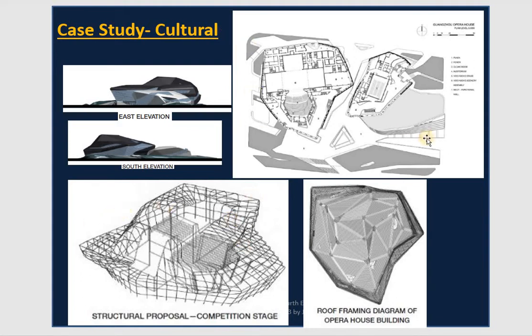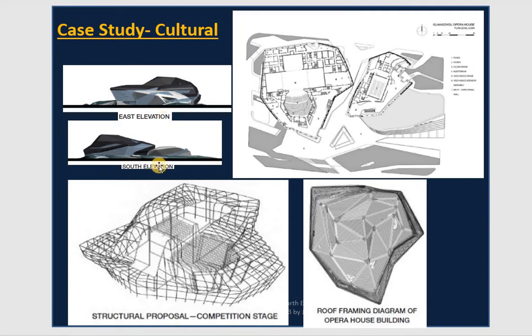So on the culture, you can see that the form or the shape of the building is not really geometric. The shape can be angled, can be very curved, or can be not a regular shape like geometry.